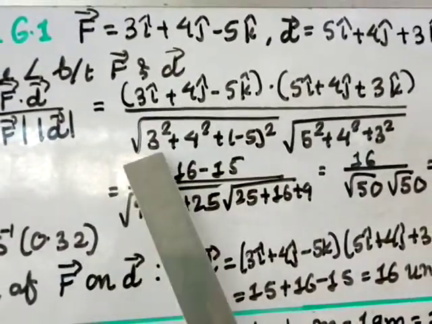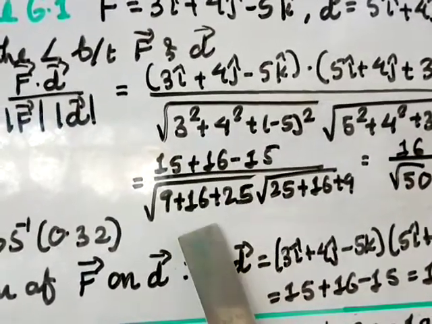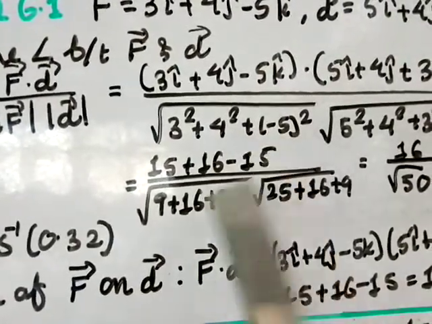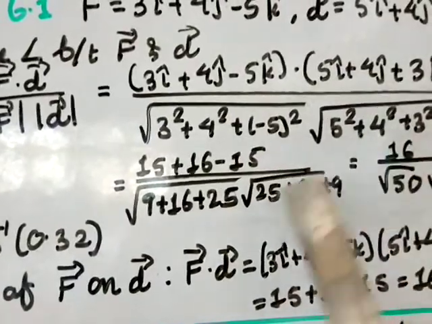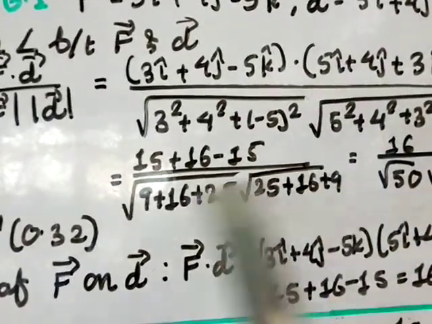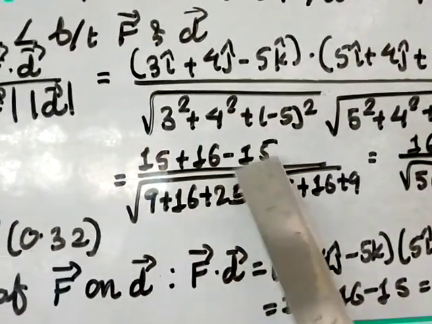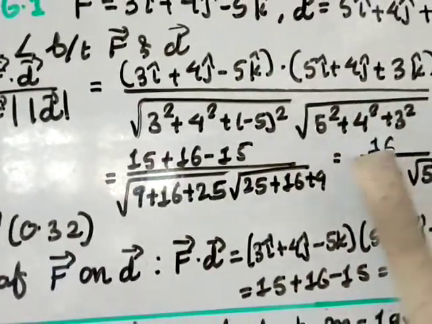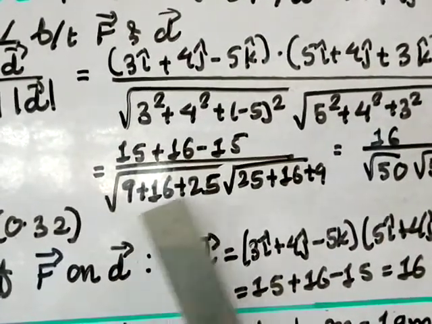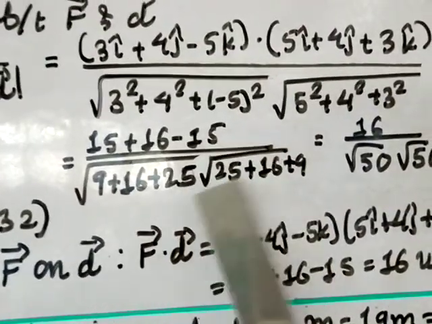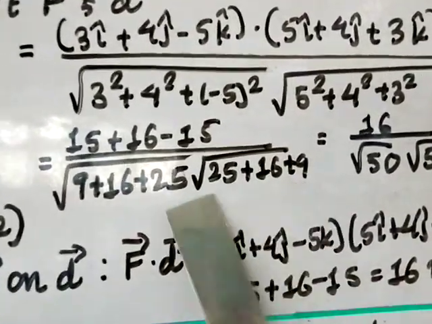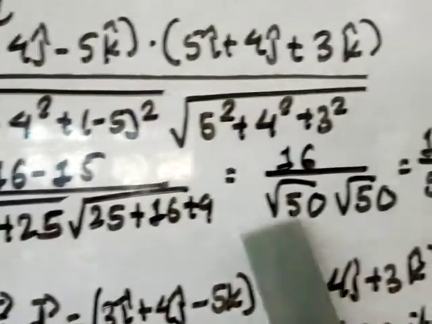Here under the square root, 3 square is 9 plus 4 square is 16 plus minus 5 square is 25, and 5 square is 25 plus 4 square is 16 plus 3 square is 9. The 15 and minus 15 cancel, so you get 16. 9 plus 16 plus 25 is 50, so the square root of 50. 25 plus 16 plus 9 also totals 50, so the square root of 50.